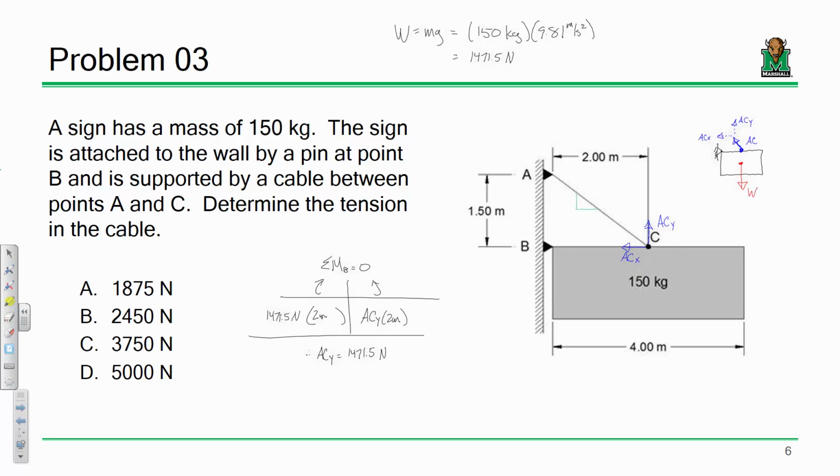If this is a 3, 4, 5, with the vertical being 3, this being 4, and that being 5, then ACY is to 3 as AC is to 5. Therefore, AC is 5/3 of that, which is what? 2,452.5. Do I have a second on that? Yep.